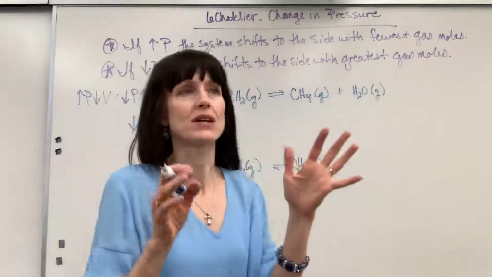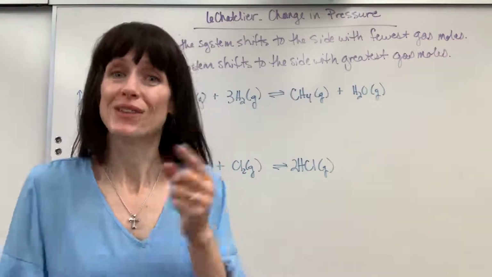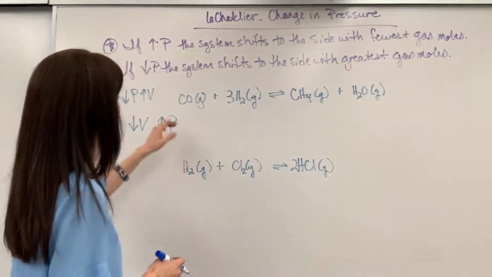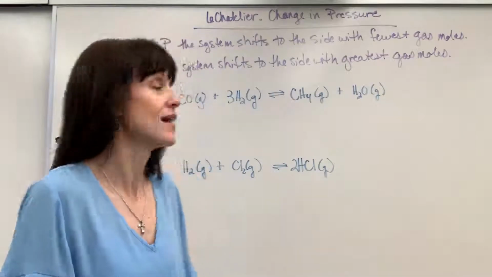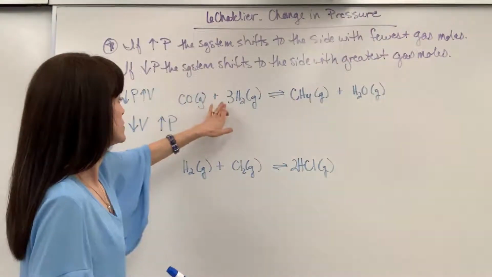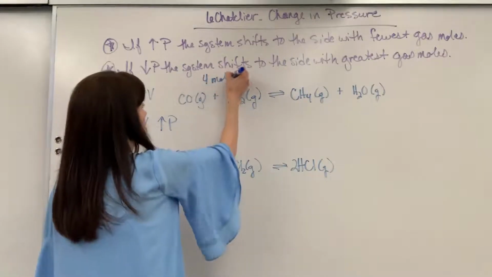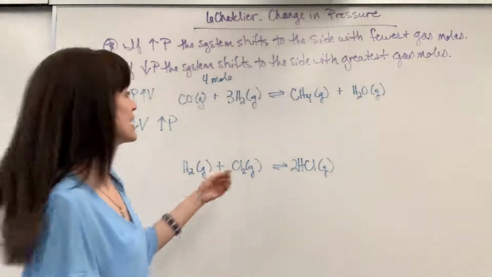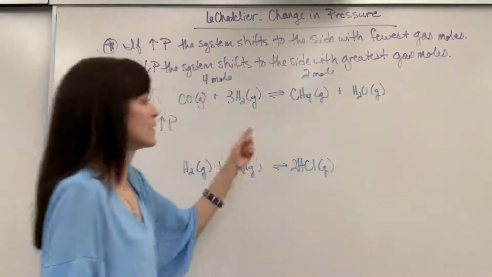Okay, so then I have memorized, all right, if I increase pressure, it's got to go to the side with fewest gas moles. So let's count gas moles. You only count gas, you won't count aqueous, liquid, or solid. So I've got 1, 2, 3, 4. So 1 plus 3, 4. We've got 4 moles of gas on the reactant side, and I've got 1 plus 1, 2 moles of gas on the product side.